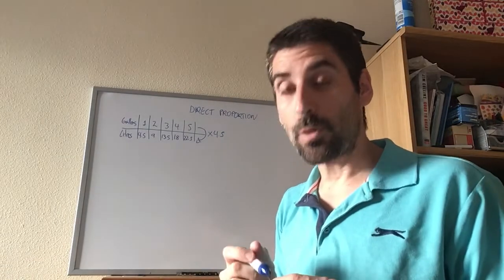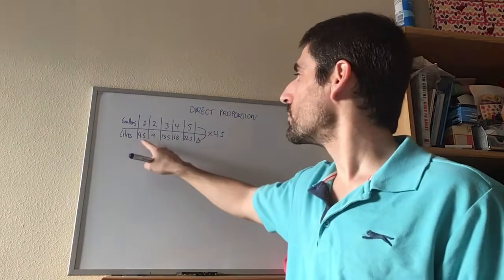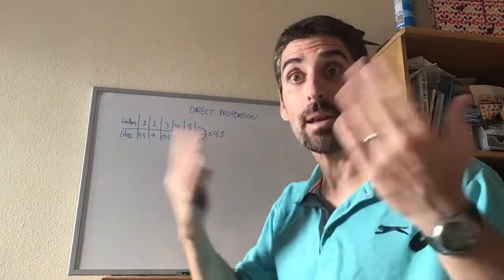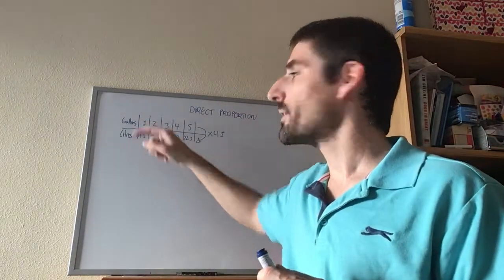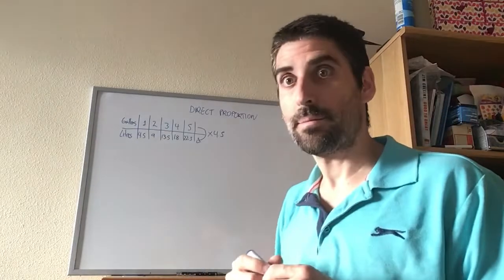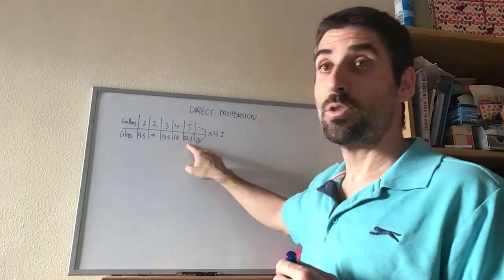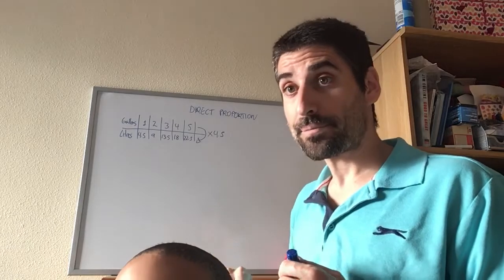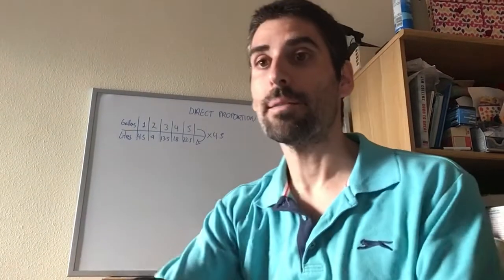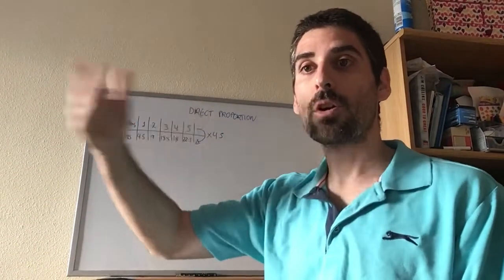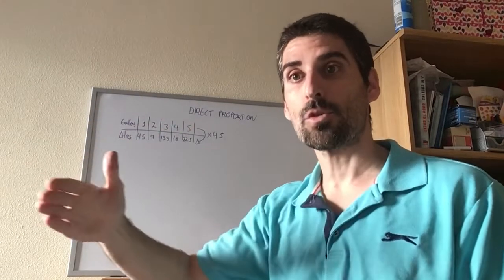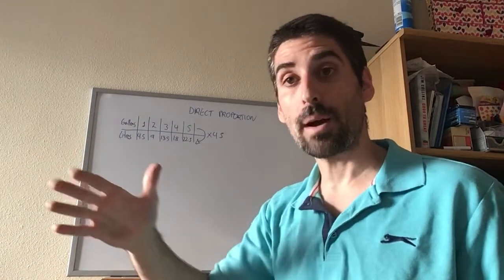And where does the 4.5 come from? Well, if I do 4.5 divided by 1, I get 4.5. If I do 9 divided by 2, I get 4.5. And if I do 22.5 divided by 5, I also get 4.5. So that 4.5 constant, that's the proportion, and that remains constant throughout.